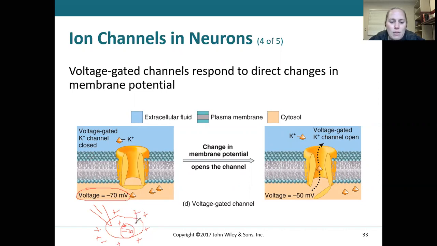So let's say a few of those positive cations come into the cell and raise that internal voltage to -50. In that case, you're going to have a voltage gated ion channel open, and that can allow a passage of ions through that channel.